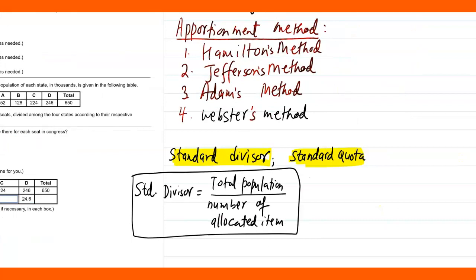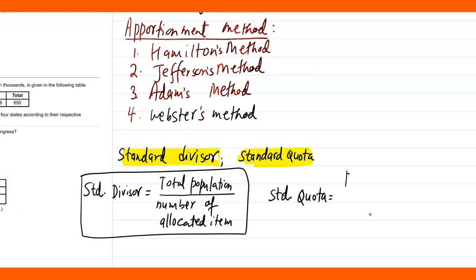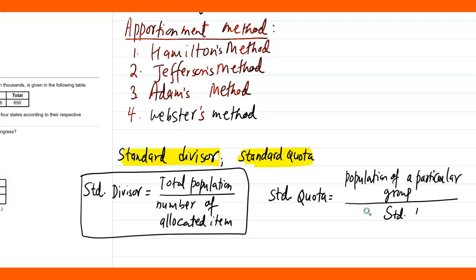And standard quota, I say STD for standard, QUOT for quota. The formula for standard quota is the population of a particular group divided by the standard divisor. That's the standard quota.